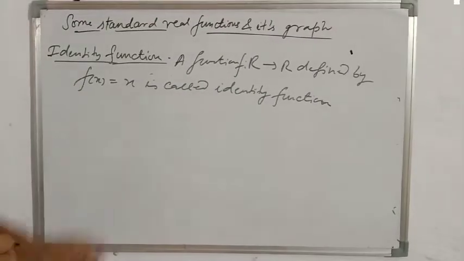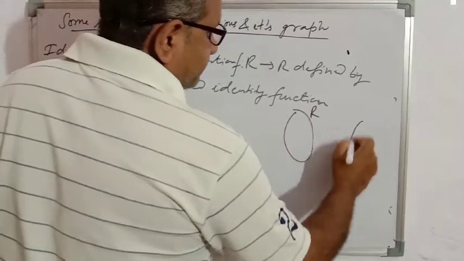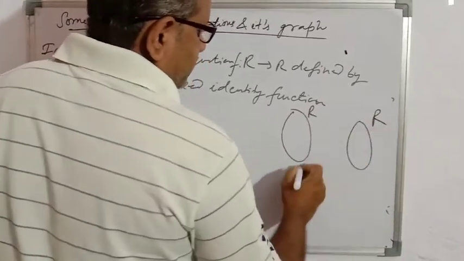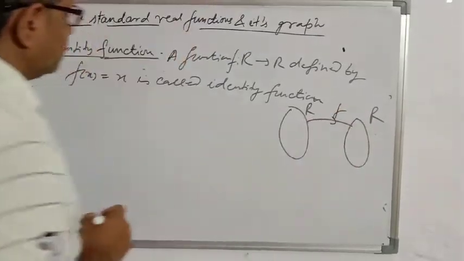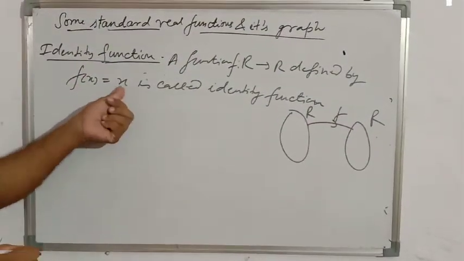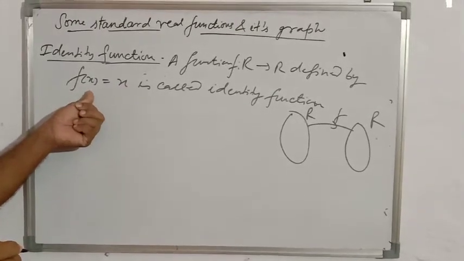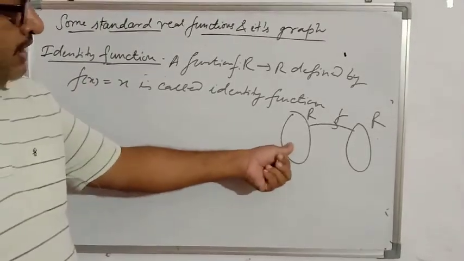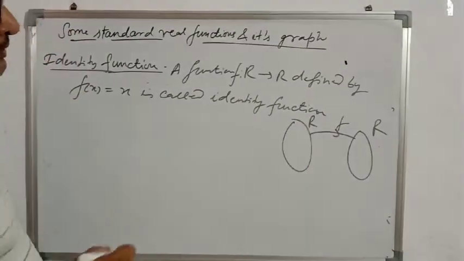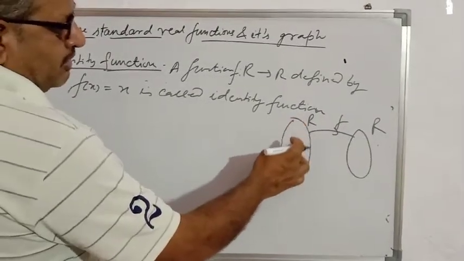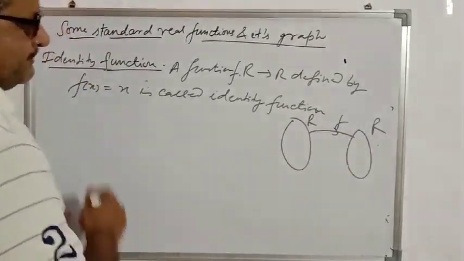What is the meaning of the identity function? The function is defined from real to real, such that f(x) = x. x is an element of the domain, and f(x) means image. So every element of the domain has the same element as its image, meaning the image of every element of the domain is the element itself in the codomain.